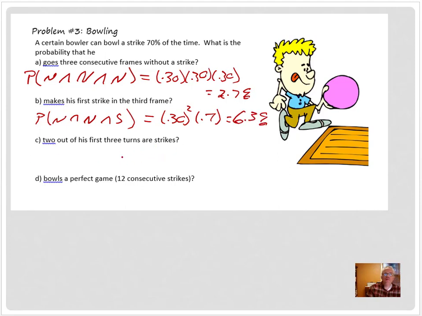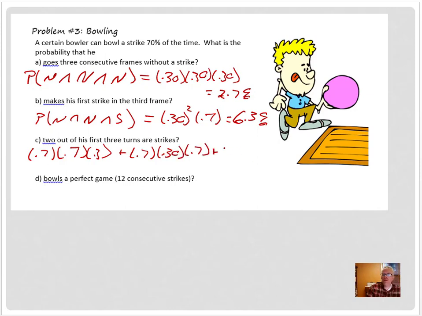All right, 2 of his first 3 turns are strikes. This one's kind of complicated because there's 3 ways this could happen. So 2 out of 3 are strikes. So it could be that the first 2 are strikes and the last one's not. It could be that the middle one is the one he doesn't get the strike.